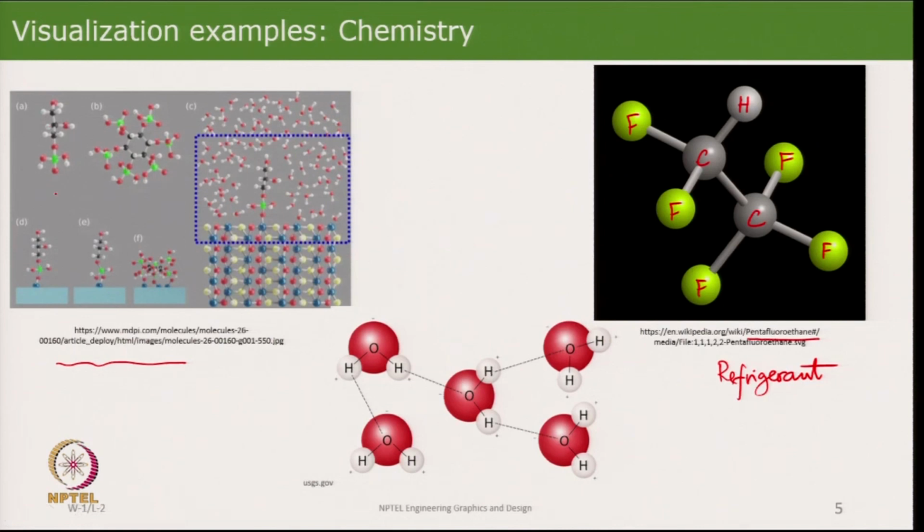So, here there is a molecule which is in a straight line, here there is something which is a hexagon, around that are some more connections there. At the bottom you can see a large array of molecules which have formed a big 3-dimensional structure.